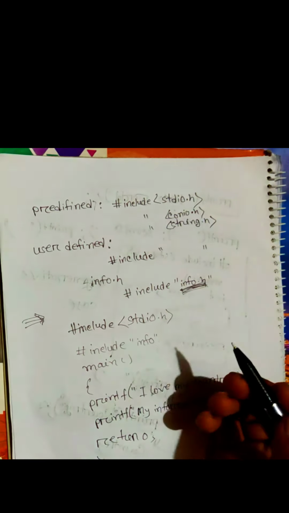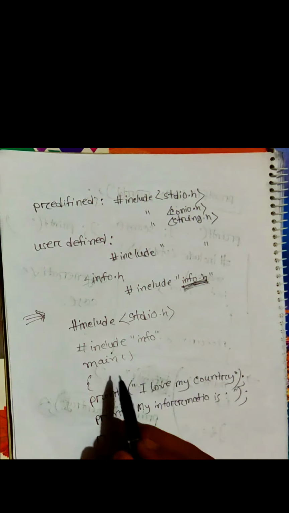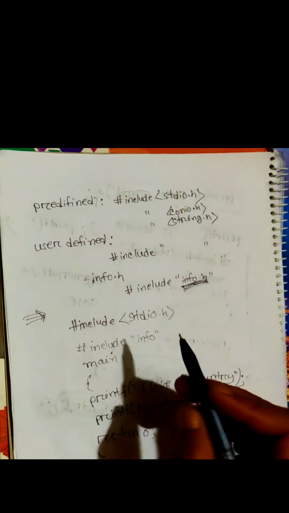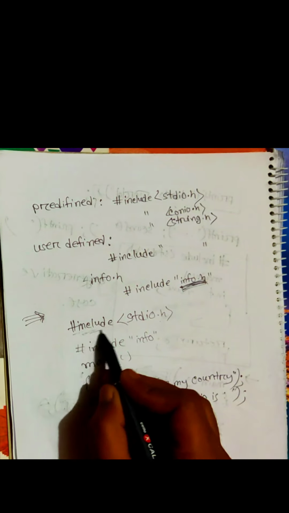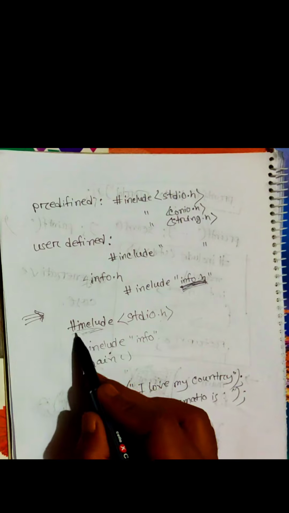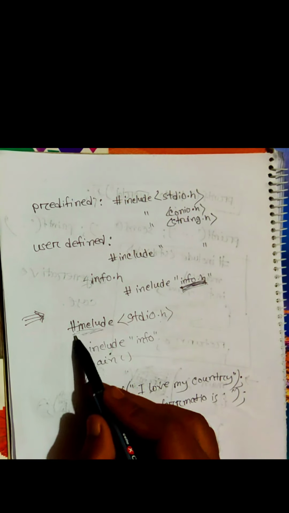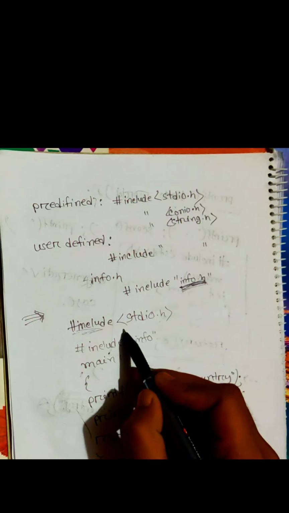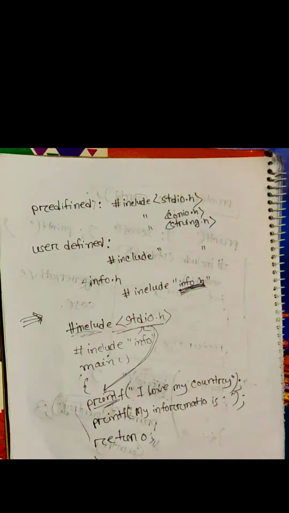Okay, as you can see, hash include stdio.h and info. Main function. The program will start from here, not from here. This is the directive. It will command your compiler to start getting information or functions from here. This preprocessor stdio.h.